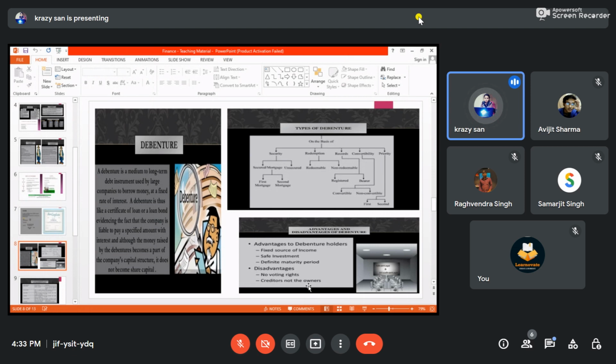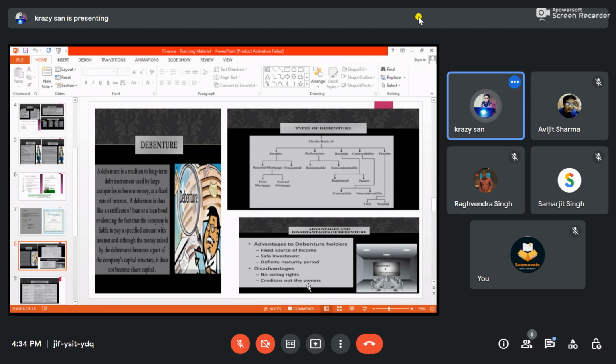Mostly when the RBI issues promissory notes, many people try to invest, right? They take the debenture certificates, which can be used as a share capital structure.